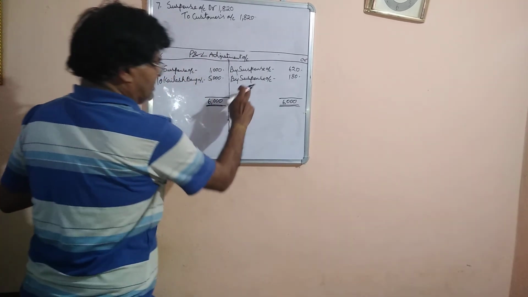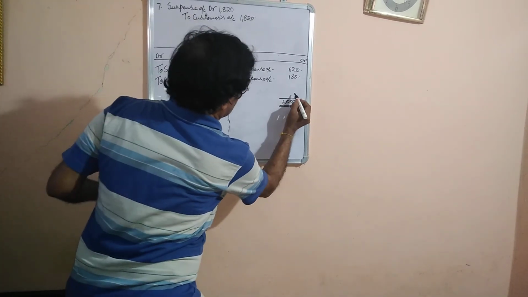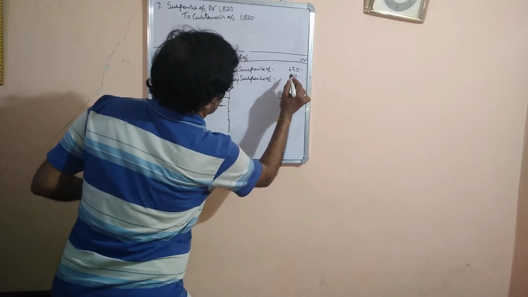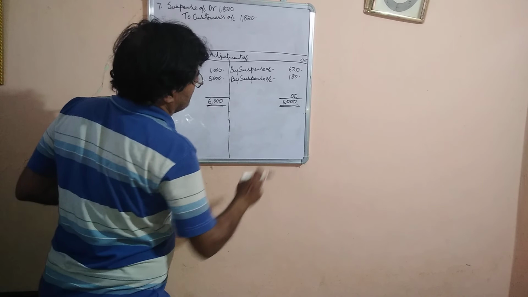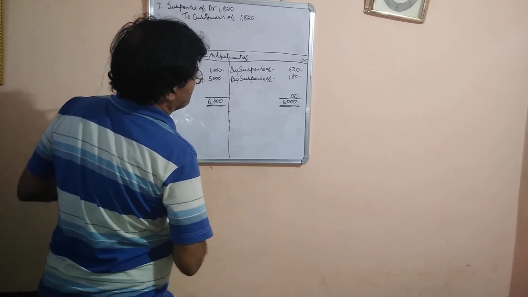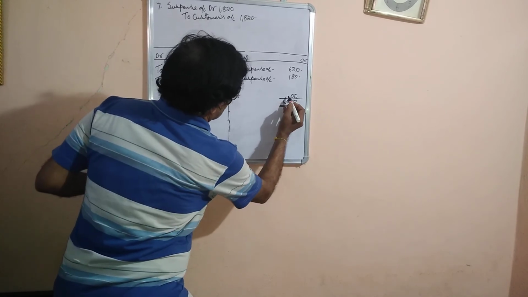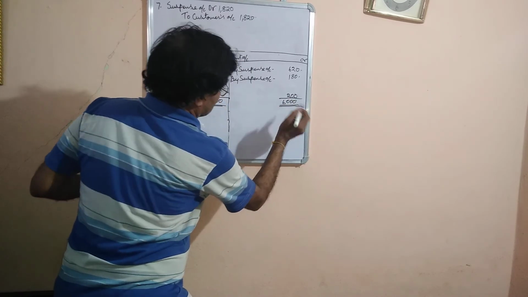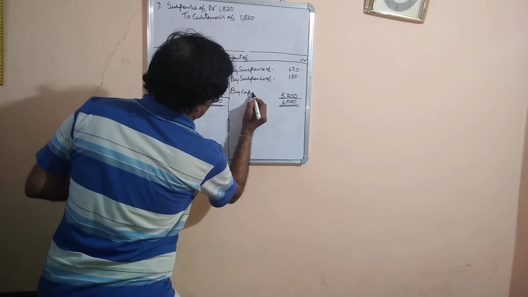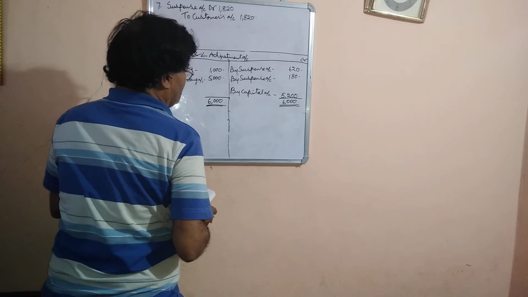Now we have to balance, and that balance should be transferred to capital, as we have to treat it as a loss: 5,200. We transfer this by capital account 5,200, taking that as a loss.